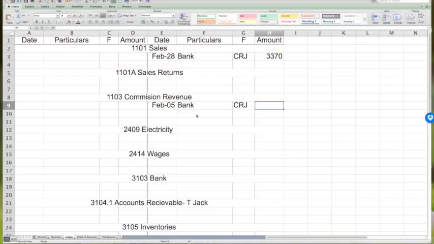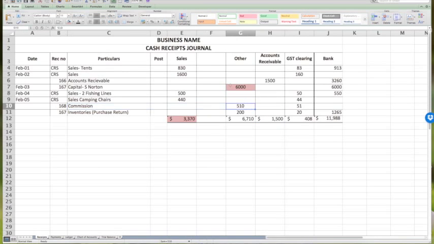Bank is going to be our particulars, cash receipts journal, and $510. Our revenue accounts are credit by nature, so that's going to go onto the credit side. We'll colour in this box here so we know we've done it.